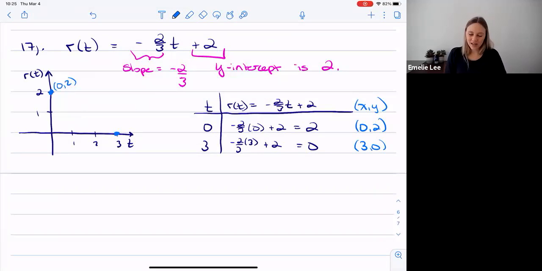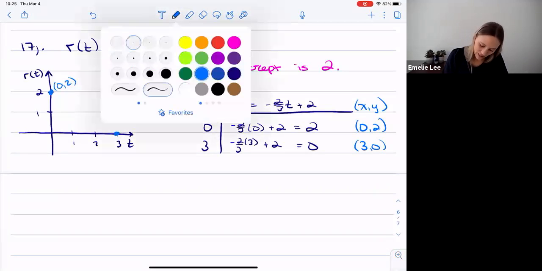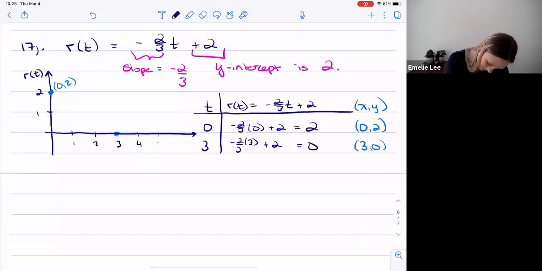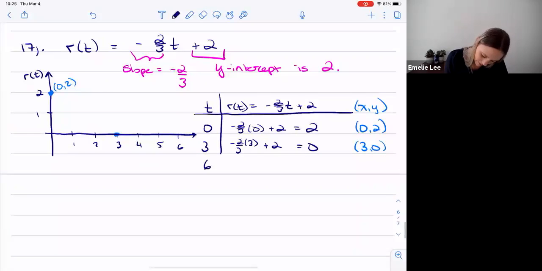Another one that I want to look at is maybe if I extend this line, 3, 4, 5, 6. What if I did 6? So now I'm going to let t be 6.